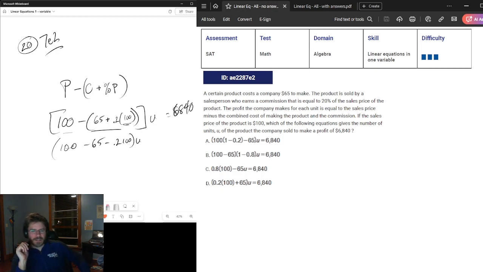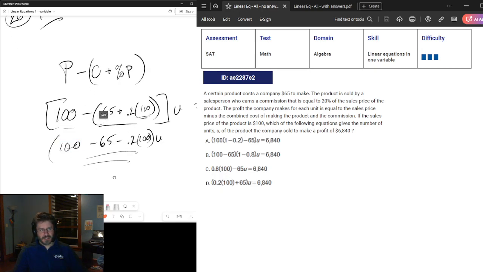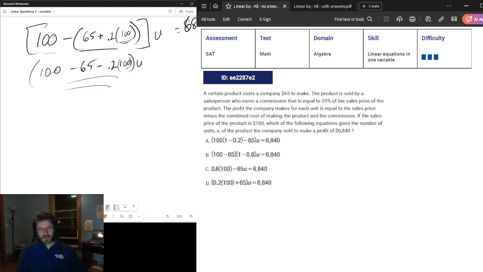It's a bit weirdly written. This 100 should be multiplied there. It's a bit weirdly written, but let's take a look at what's going on inside the parentheses here. Because it's the property of adding and subtracting, the order of this doesn't matter. So I'm going to group together the 100 and the 0.2 times 100 minus 65, and that whole thing is times u.